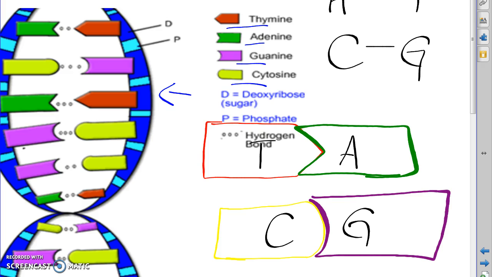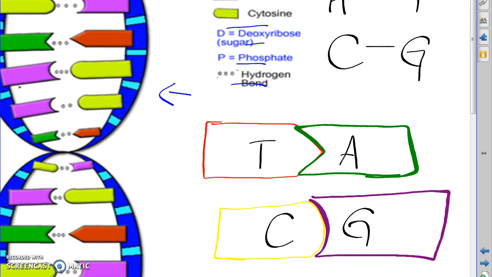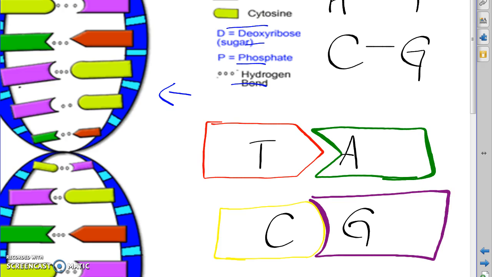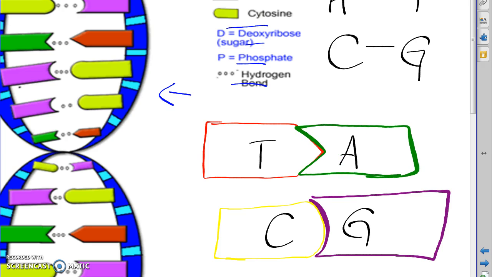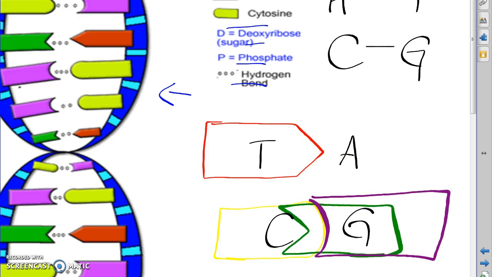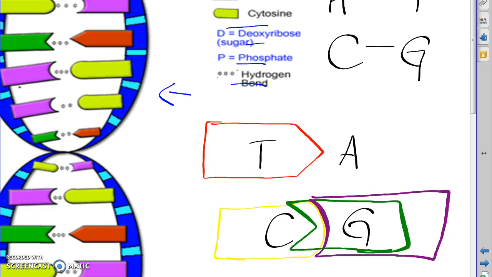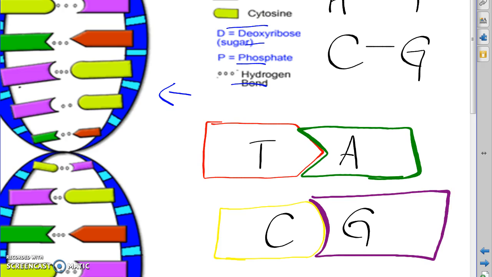But more importantly, if you notice the shapes of these different bases, the adenine only bonds with the thymine. If you tried to stick this adenine onto the cytosine, it's not going to fit.